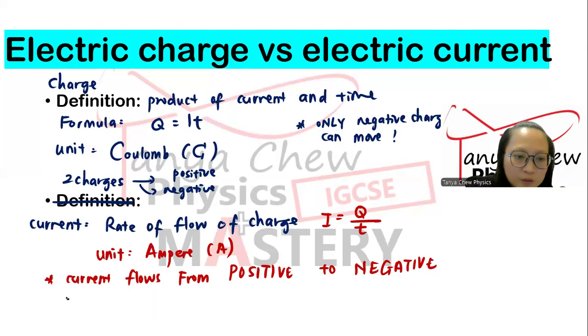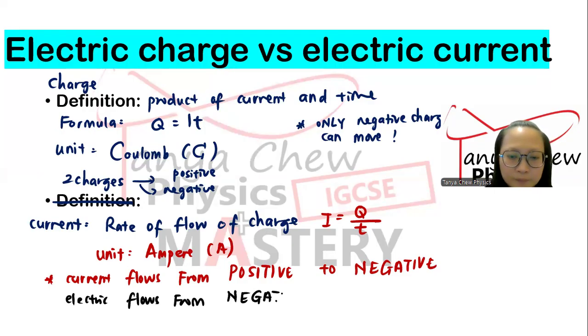Whereas electrons, being negative charge, flow from negative to positive. Remember that.